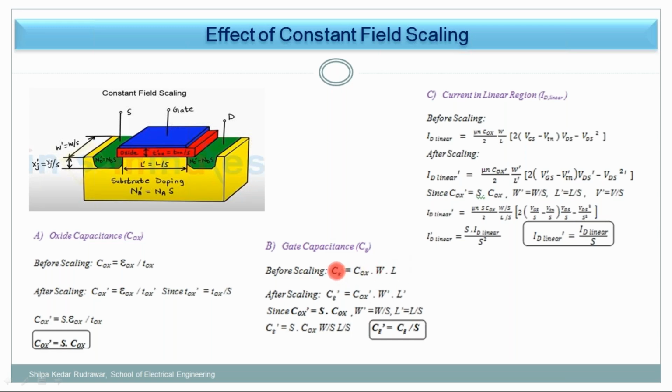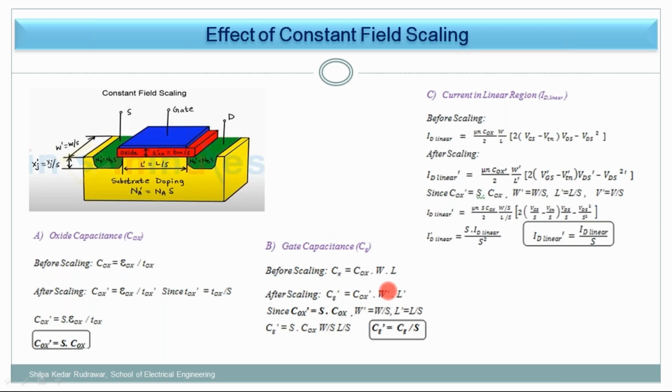Now if I need to find out the effect on gate capacitance after scaling, it is CG dash. To find CG dash, I need to replace these by Cox dash, W dash, L dash. After scaling, whatever Cox dash is, that is S Cox, so I'm putting S Cox in place of Cox dash. What is W dash?